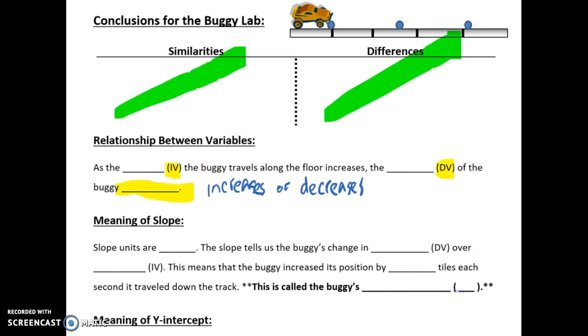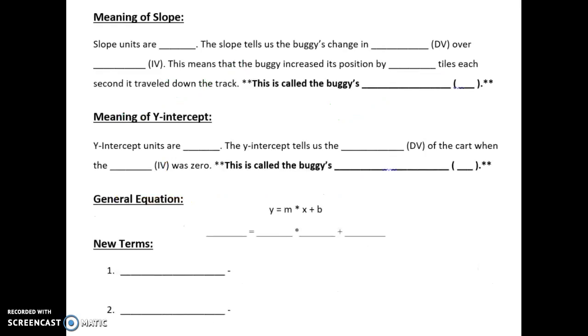Actually, increases or decreases, you select the one that makes sense for your graph. We talked in class yesterday about the meaning of slope and y-intercept for a straight line graph. I'll let you do your best to fill in these blanks for that. And you already know the equation from the previous page, so that will go in there again.